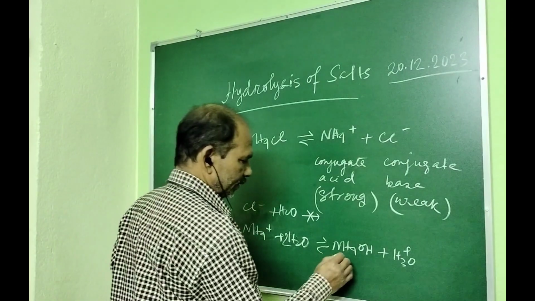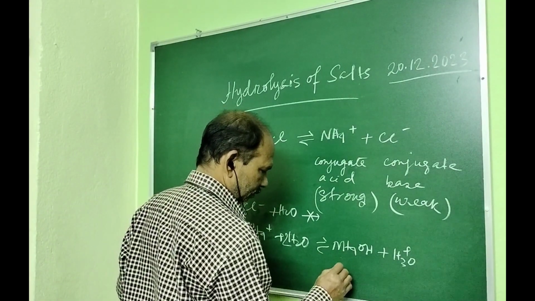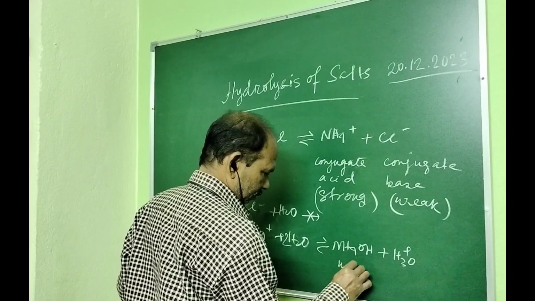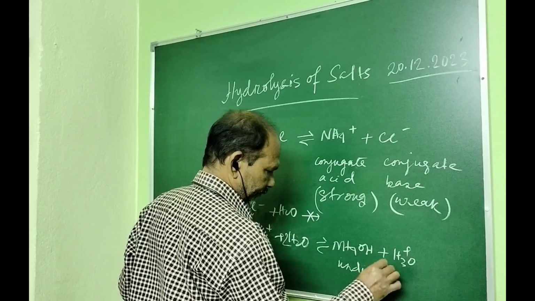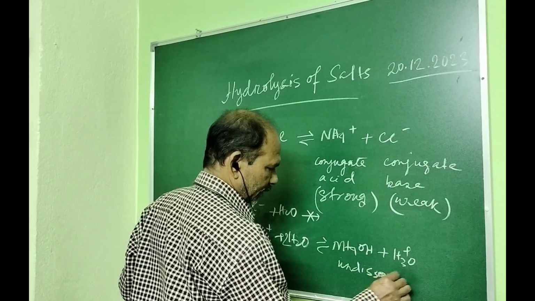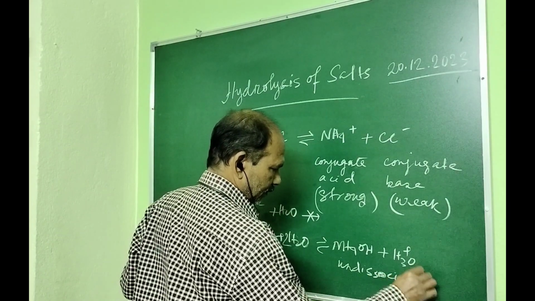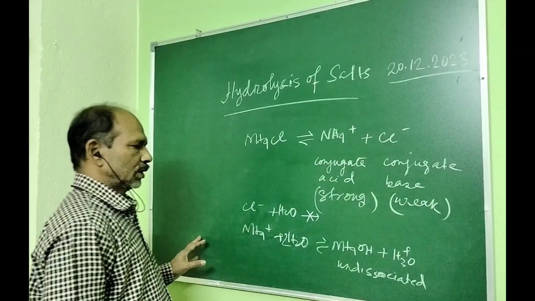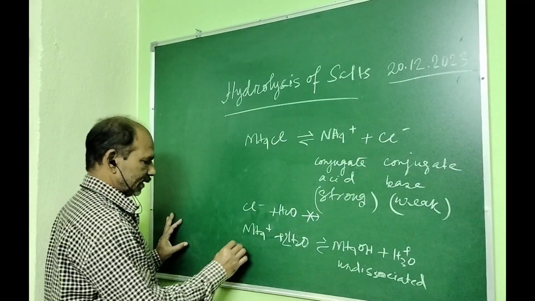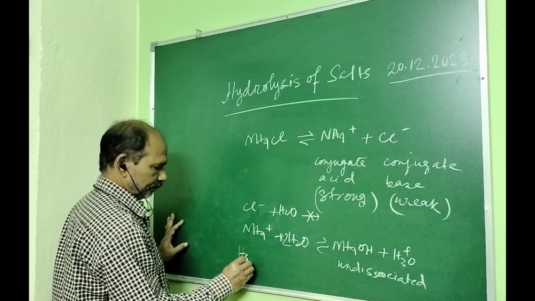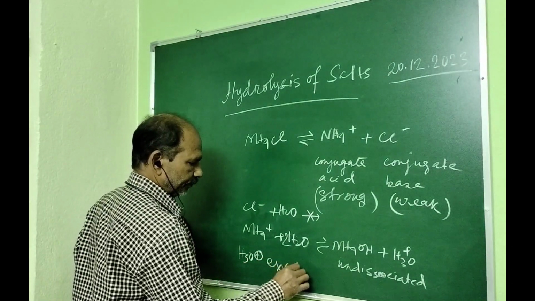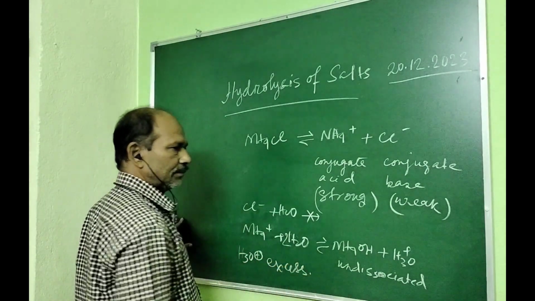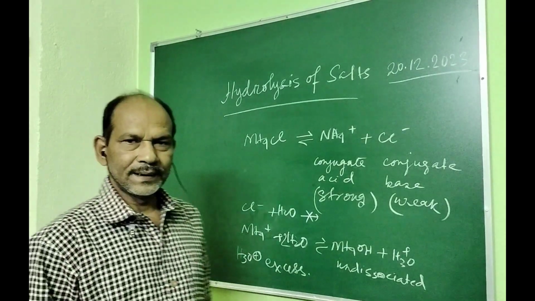This is a weak base, so it is almost undissociated. So, due to the presence of excess H3O plus ion, the solution becomes acidic in this case.